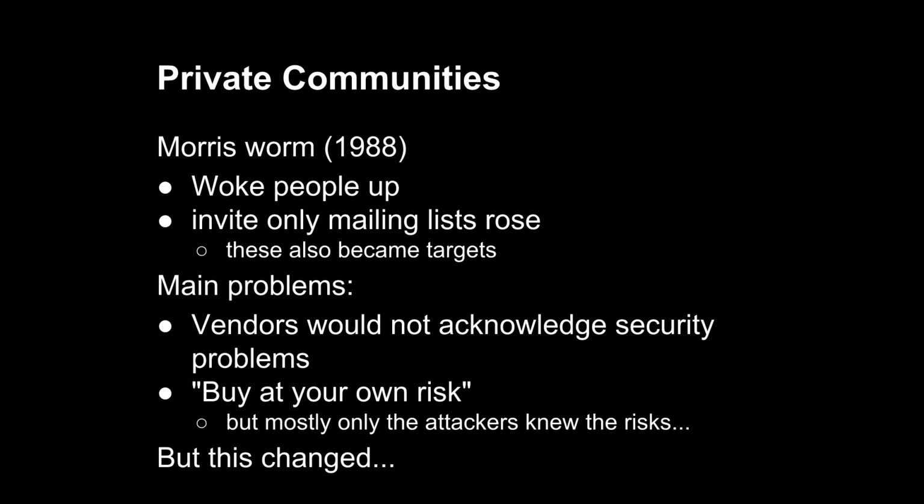Some of these disclosing bugs and patches and workarounds and strategies, and these were invite only. And the main problem is that in this time, the vendors really would not acknowledge security problems, and everything back then was buy at your own risk. But only the attackers actually knew the risks, and the people in these mailing lists knew the risks.